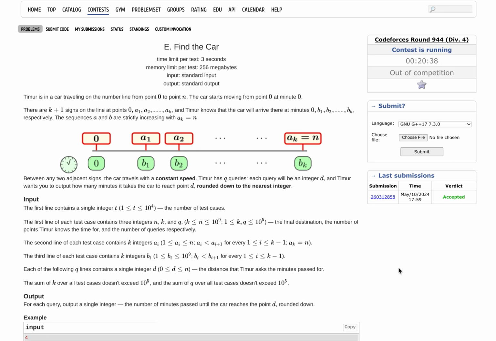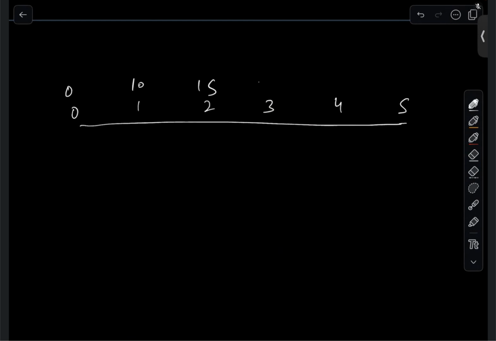If you want to find D, our first thing is that we want to find the nearest station which it will cross. What I mean by that is, let's say we have this line: 0 point, first point, second point, third point, fourth point, fifth point. We have the distance for all of these points, let's say 0, 10, 15, 20, 22, 35. And we have the time corresponding to that. Time will also be there on the top.